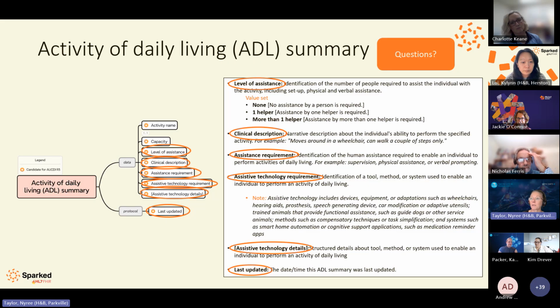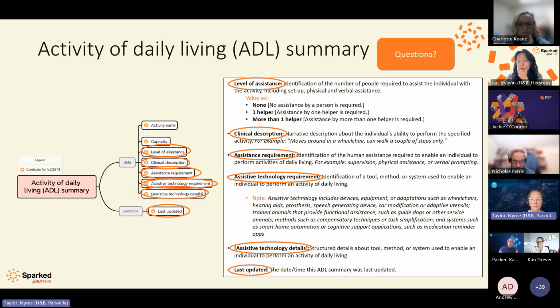So say, for example, someone going from a home-based arrangement to respite for a couple of weeks. You want to be able to communicate that information really clearly so that the nurse who takes the handover of that person going into respite has a really good baseline to be able to then go, okay, I can care for this person and I know how to best provide them with assistance.